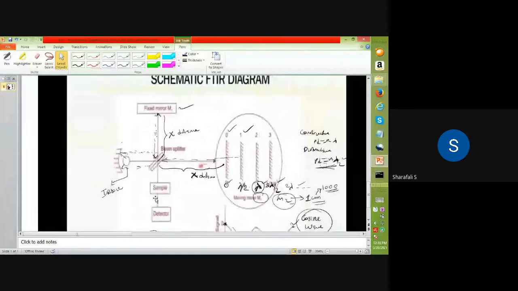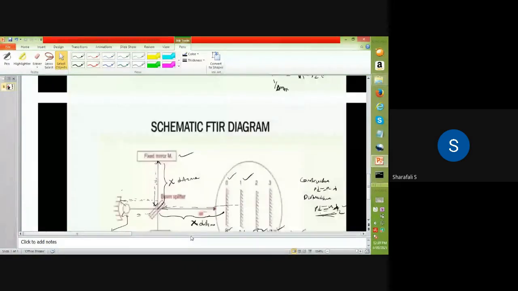Normally the observed signal at the detector is a summation of all these cosine waves. So this gives the maximum at the zeroth position.